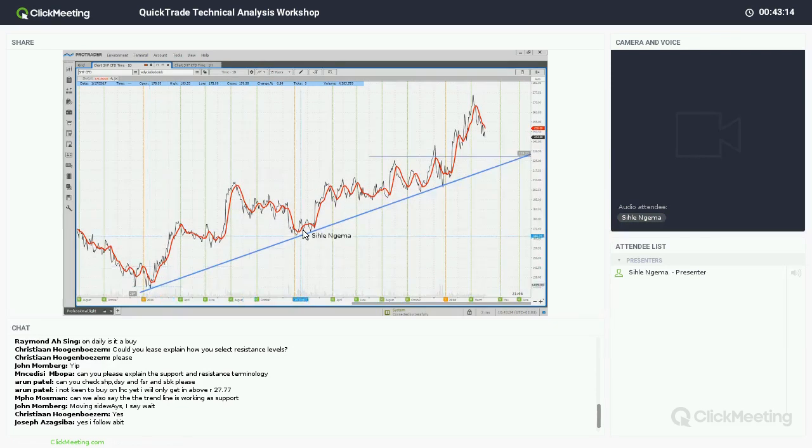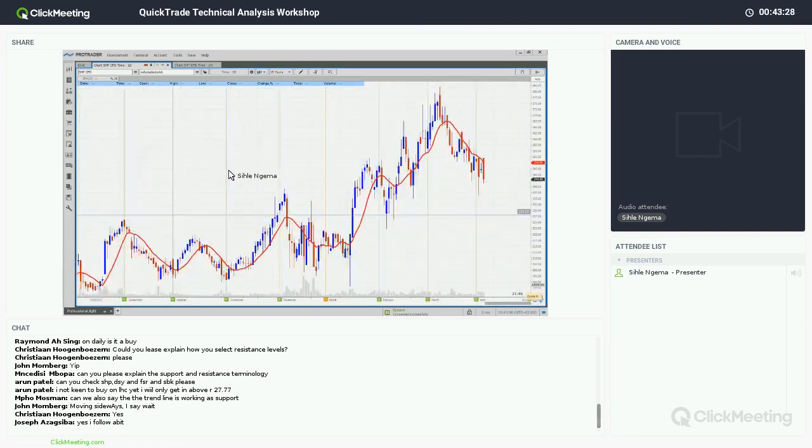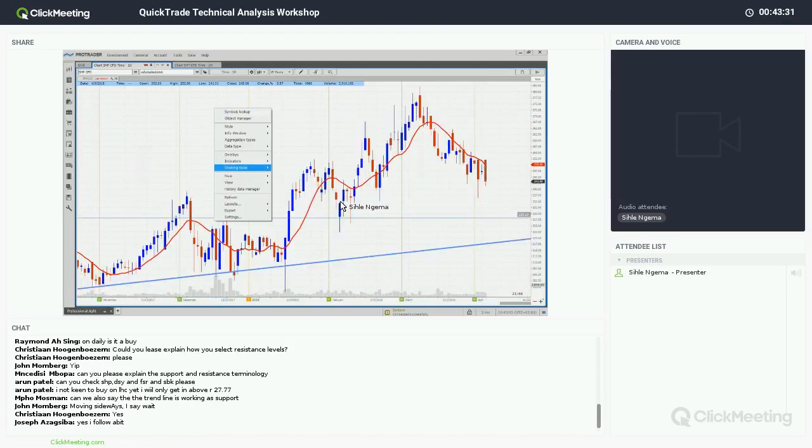Second touch is here. Third touch, fourth touch. Maybe we're going to have another touch here. Let's try and look for another trend line here.